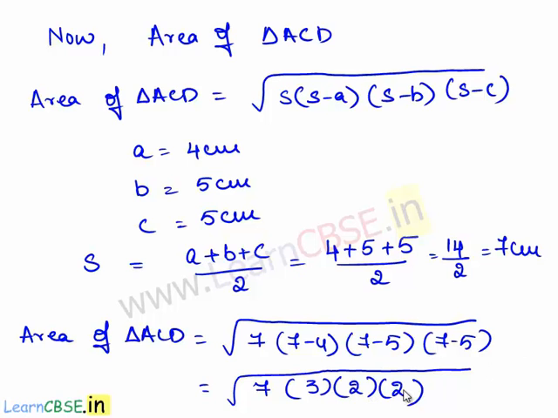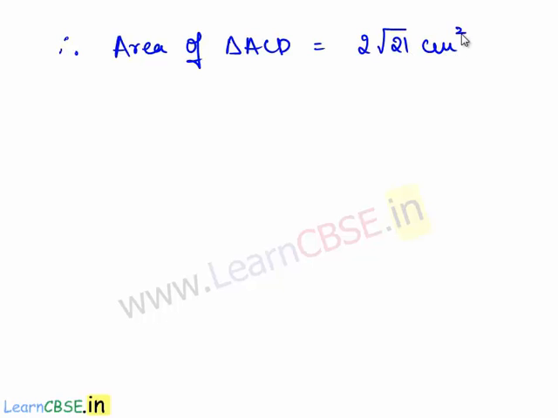Here 2 times 2 is 2 square. So we can bring out 2 from the square root and we are left with 2 times square root of 21. Therefore, area of triangle ACD is equal to 2 root 21 centimeter square.